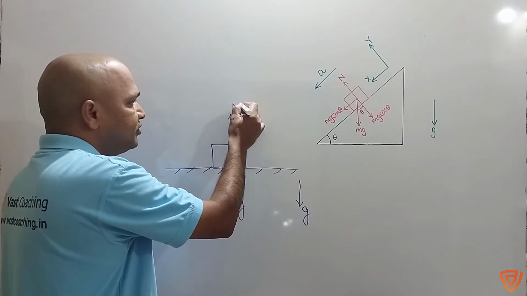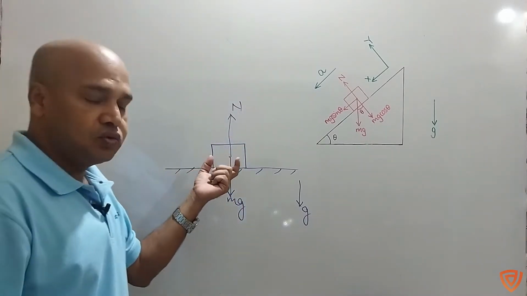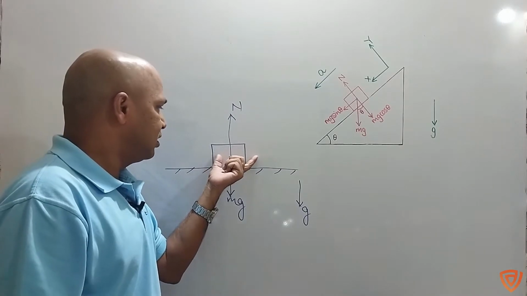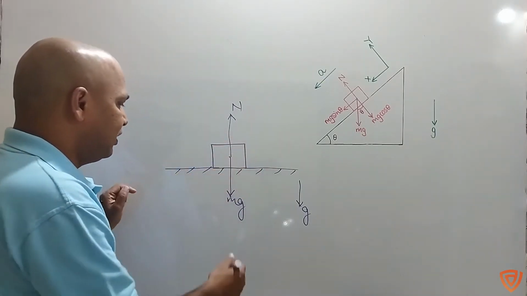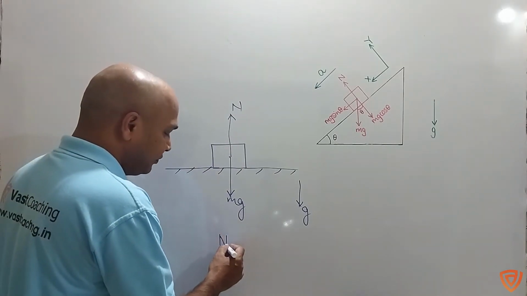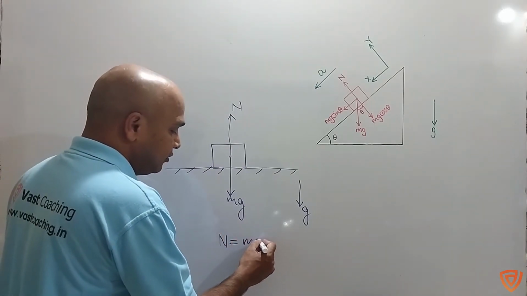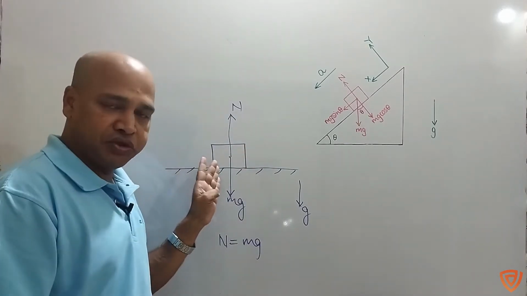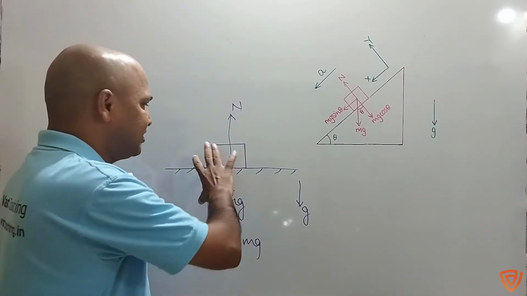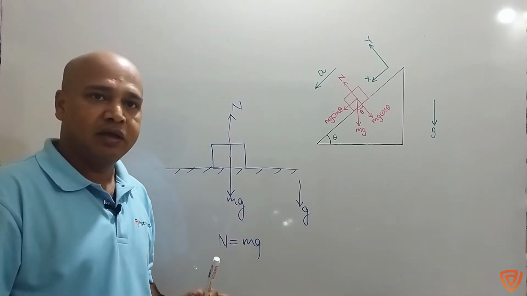These are the two forces acting. It's a stationary block, not in motion, so they will always balance. So N is equal to mg. That's the free body diagram of this stationary block, just a basic understanding.